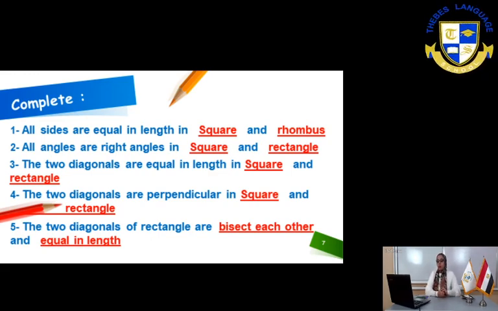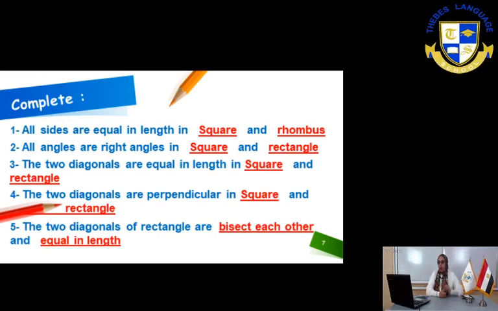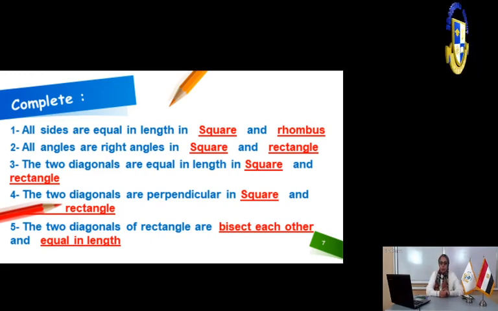Square and rhombus. Number 2, all angles are right angles in which polygon? Yes, square and rectangle.